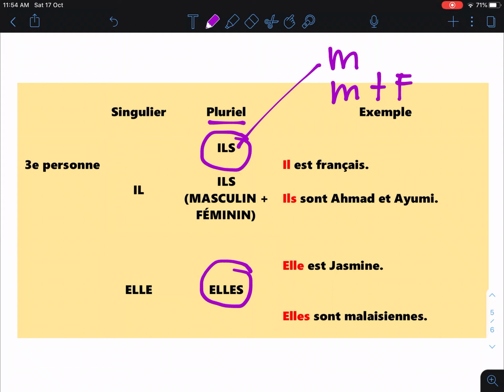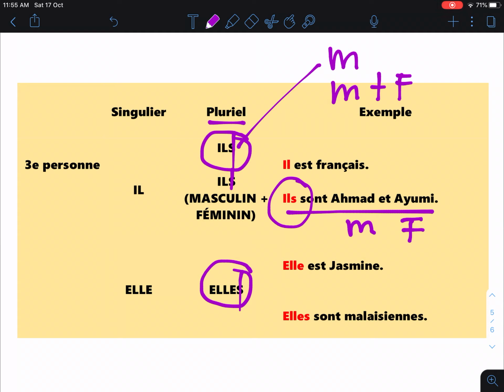So the first one is ils sont Ahmad et Ayumi. Ahmad is a guy, Ayumi is a lady. So use ils, which is they. They are Ahmad et Ayumi. Please listen carefully to the pronunciation. The S is silent.